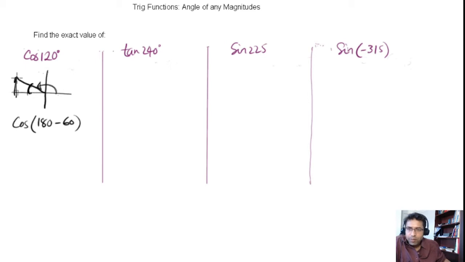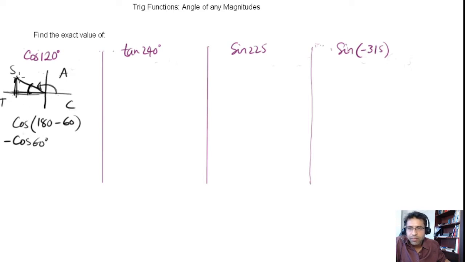And if you look back at my previous video, I already explained that our right angle triangle is always formed with the x-axis. So now you can see that cos of 180 minus theta is basically negative cos theta. Why? Because in the second quadrant cos is negative, as you can see, cos is negative on the negative x-axis. Also, if we remember "All Students Take Chemistry", I'm writing it down: all positive in the first quadrant, sine positive in the second, tan in the third, and cos positive in the fourth.